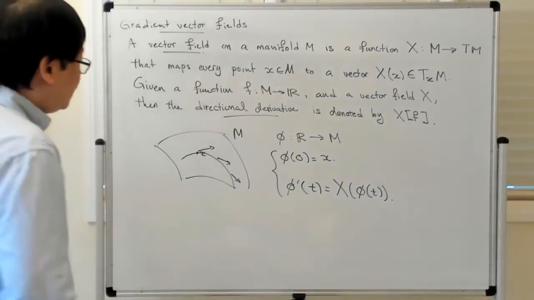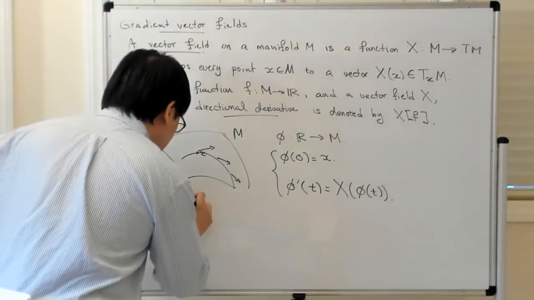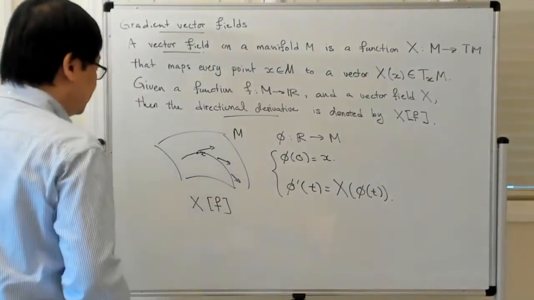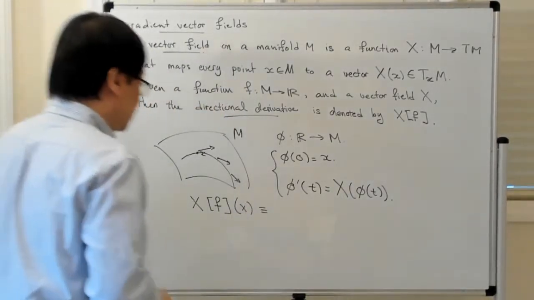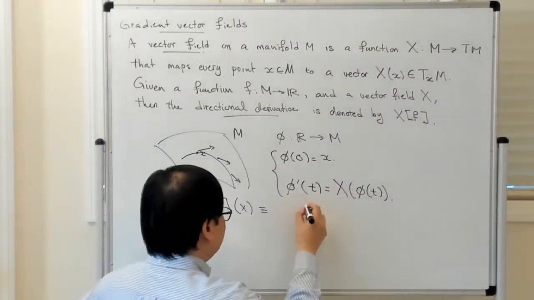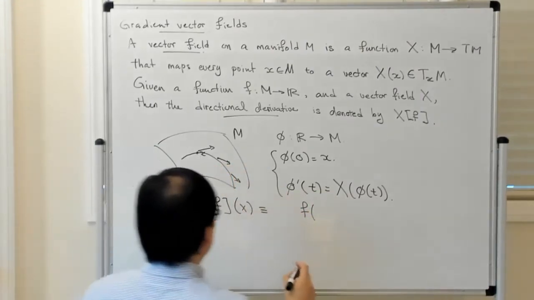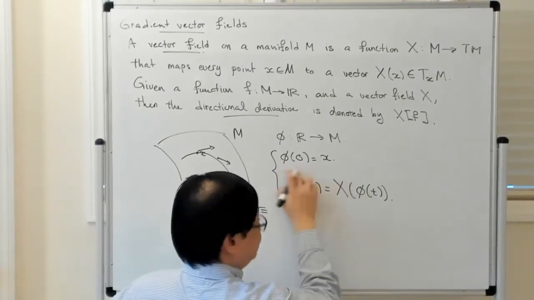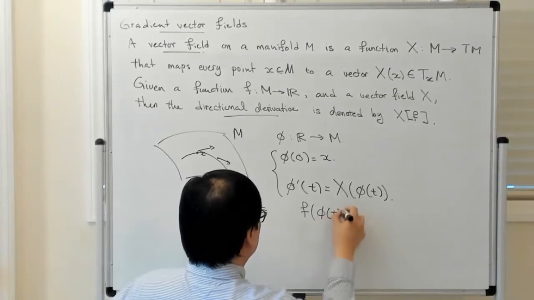Okay, so once you have that, you're in a position to talk about the directional derivative. The directional derivative of f along the vector field X at a point x is defined in the obvious way. You have f, you evaluate it on the curve which goes through the point x, and you think of it as a function of time.